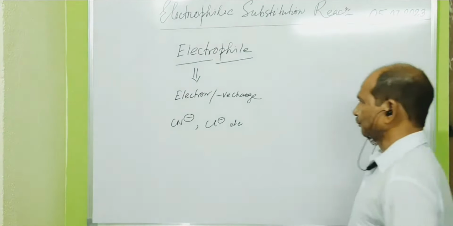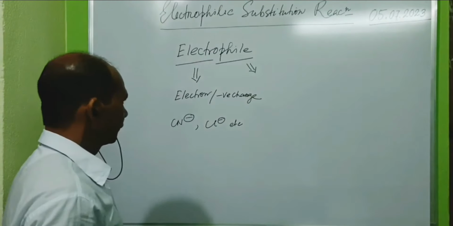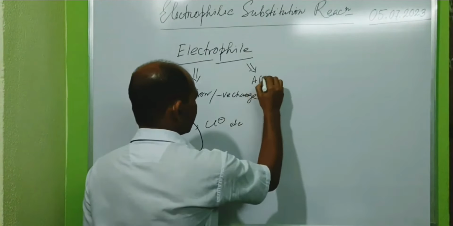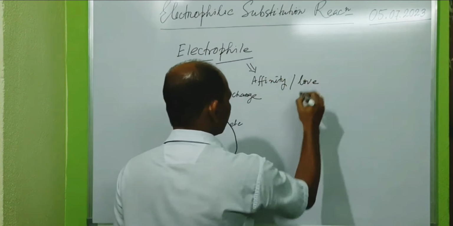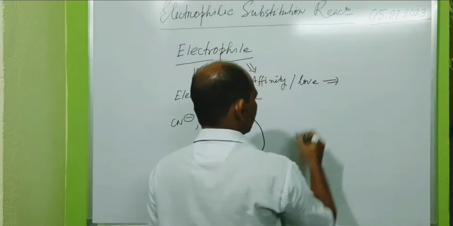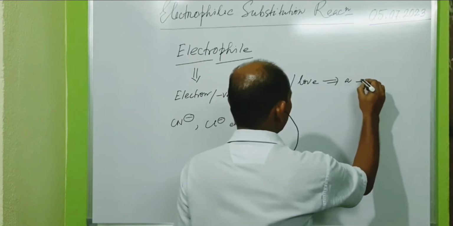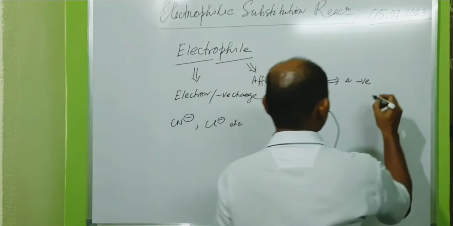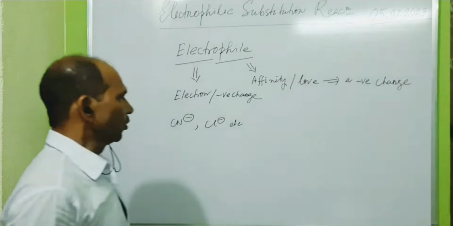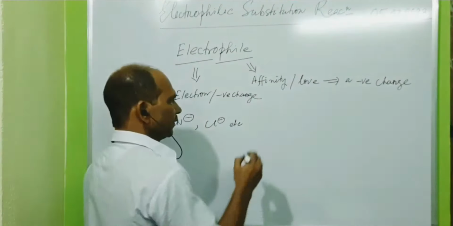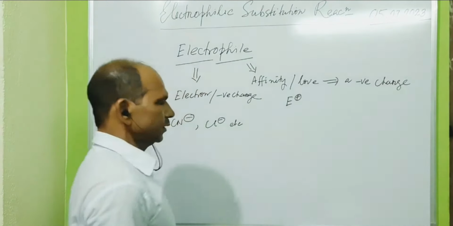Phile means affinity or love towards a negative charge. So, the electrophile itself will be a positive charge that is represented by E plus.